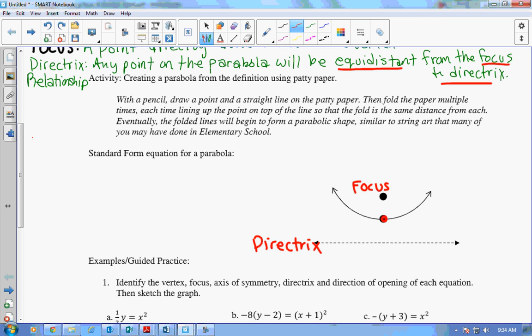It's the center of the parabola, which we have a name for that. Vertex. And any point on the parabola would be equidistant from the focus and the directrix. Okay, so if I grab this point, that length is congruent to, if I attach it to the focus, that length.